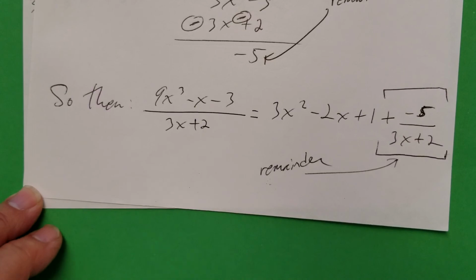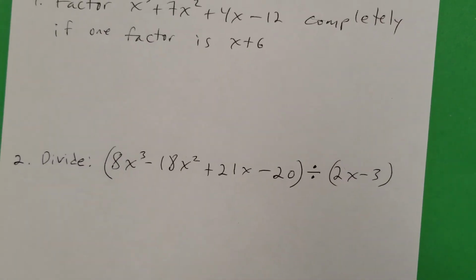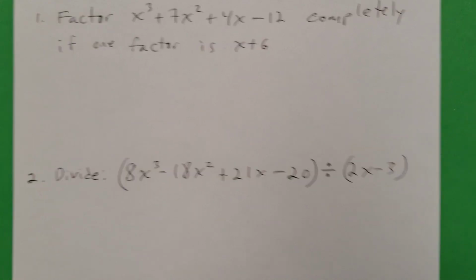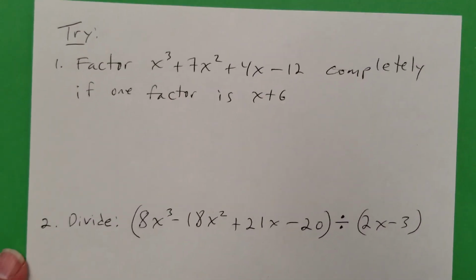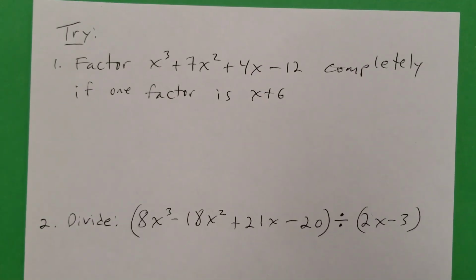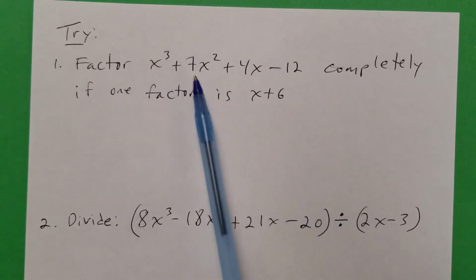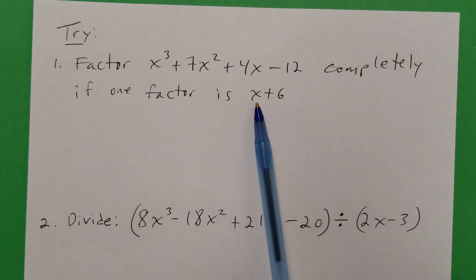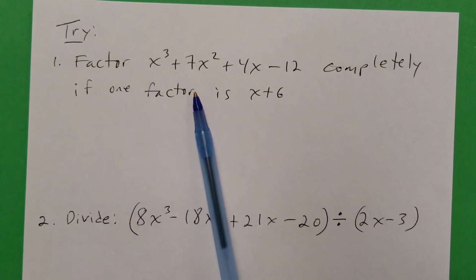Okay? That's basically it. I have some try problems here that I want you to try. Get as far as you can with it, and we'll start the class with these problems. So, factor this if you know x plus 6 is one of the factors.